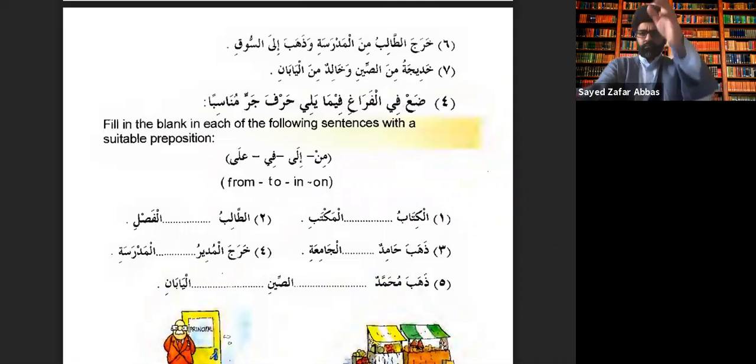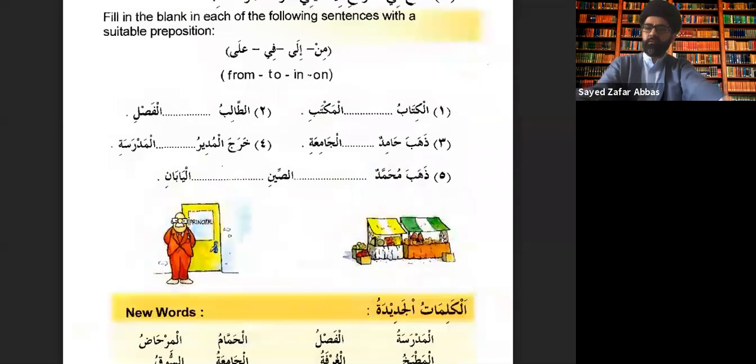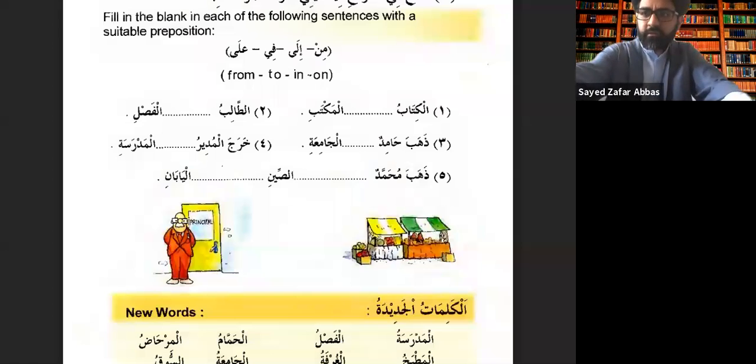Okay. املأ الفراغ فيما يلي بحرف جر مناسب. So we have min, ila, fi, ala. These are the words that we learned, and then we go to fill in these blanks. So somebody can type and tell us.